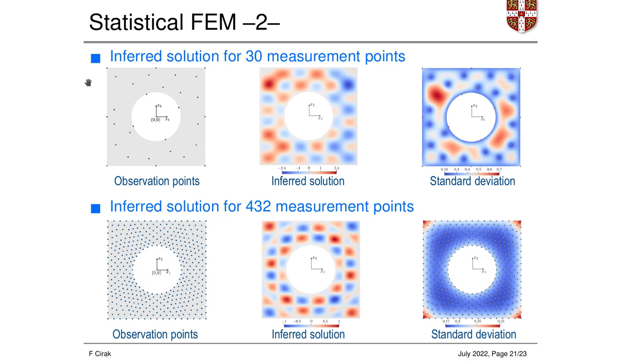So you can see these are the inferred solutions for different numbers of measurement points. In general, you can see that when we increase the measurement points, the inferred mean converges to the underlying true mean. And here shows the uncertainty estimate, and these are the standard deviation plots.